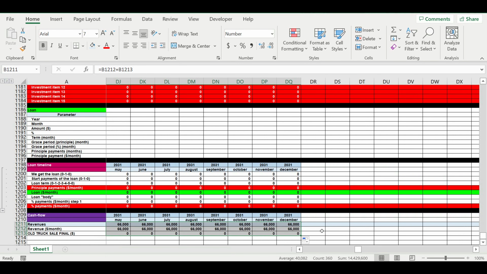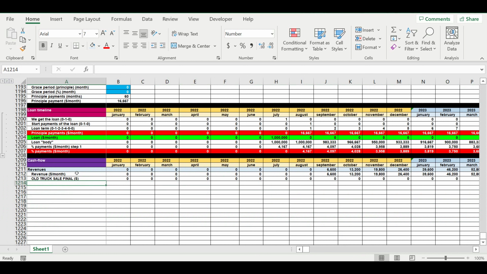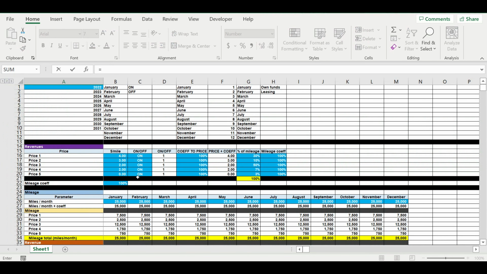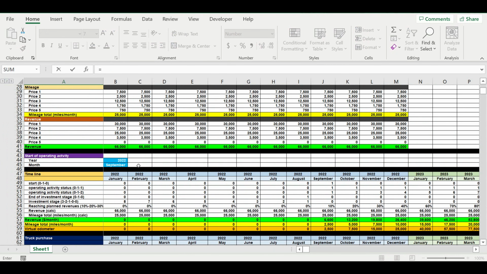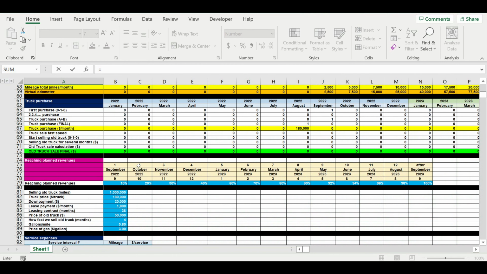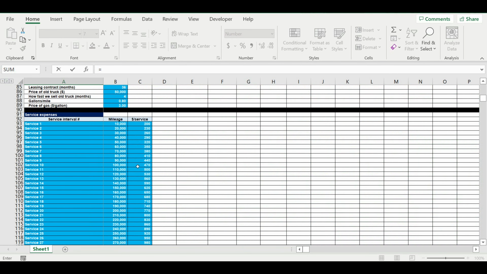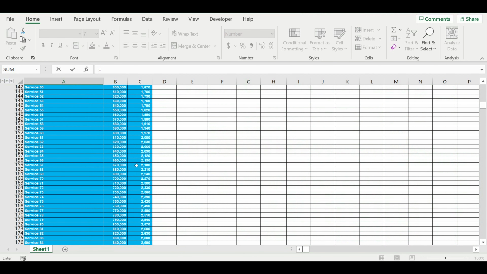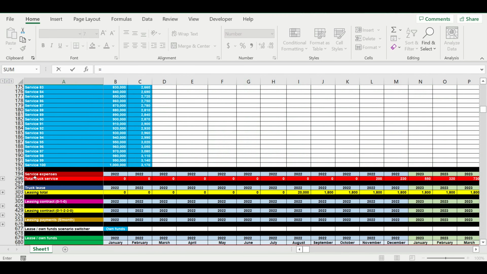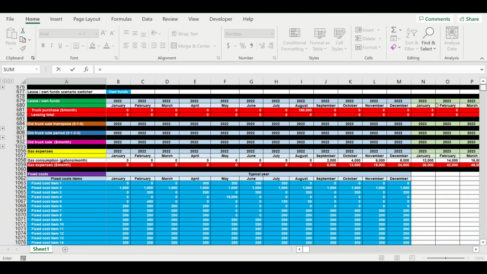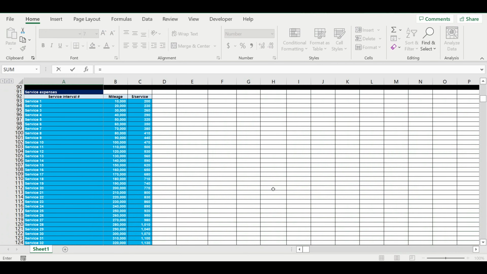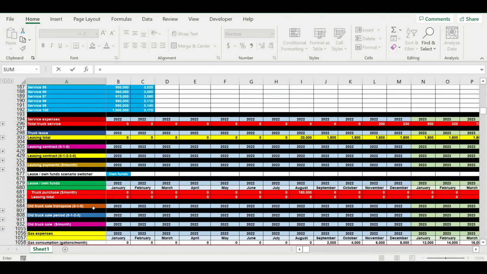Then we move to direct costs. We're talking about variables. So what variables do we have? We go just from the top to the bottom through our financial model and pick all variables. First of all, it is service expenses for our truck. Here they are. Then we move forward, gasoline expenses.